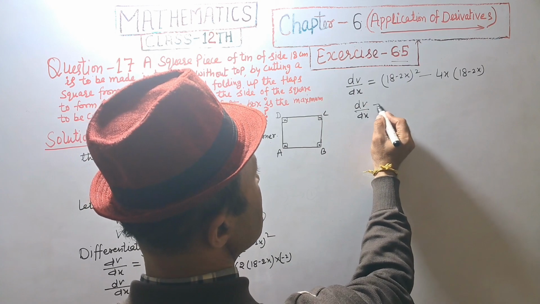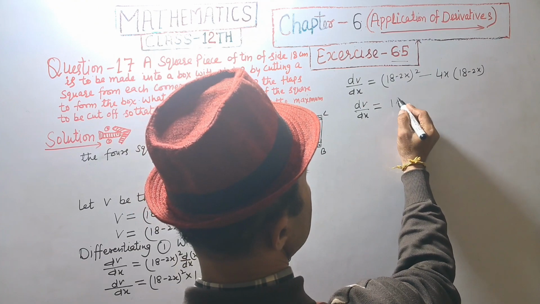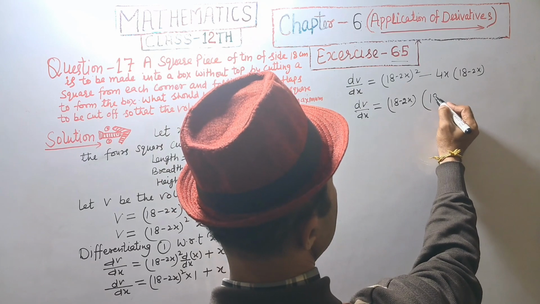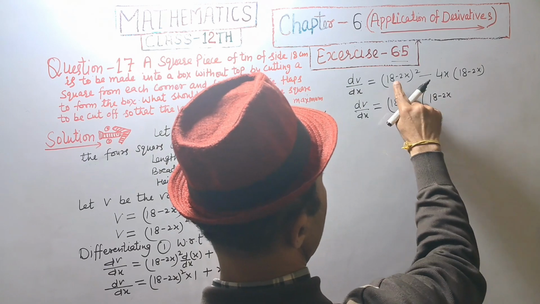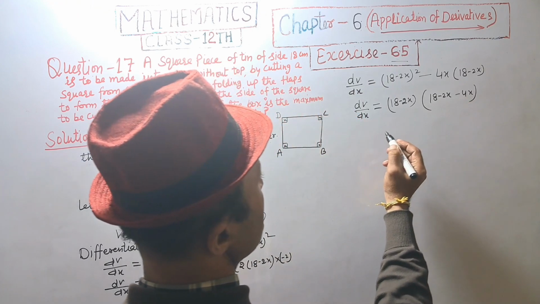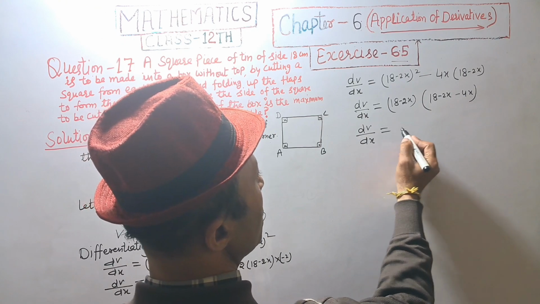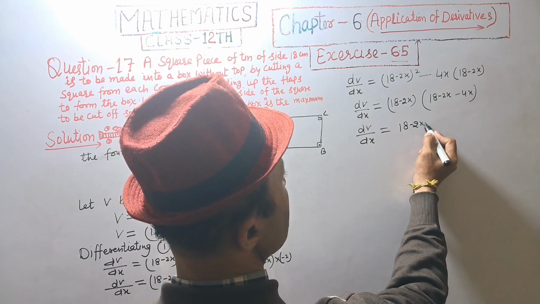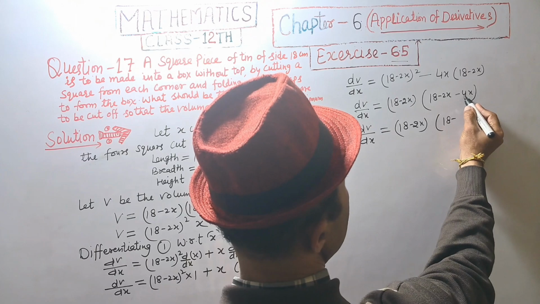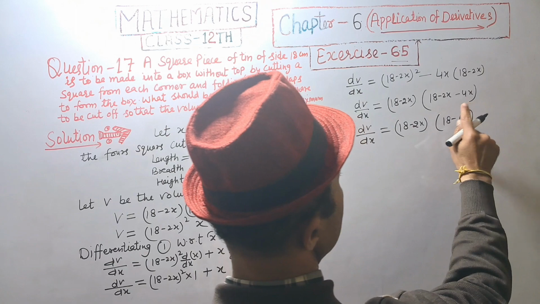Taking common 18 minus 2x, dV upon dx is equal to (18 minus 2x) into (18 minus 2x minus 4x minus 2x), that is 18 minus 6x.